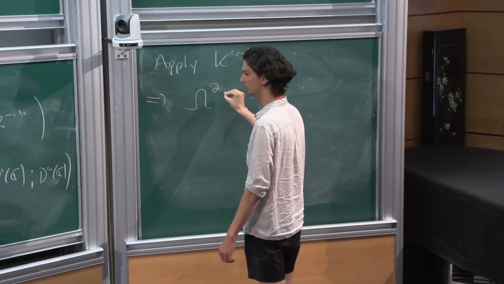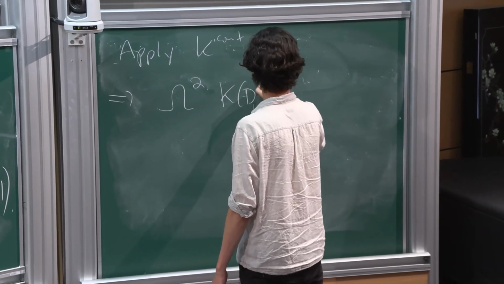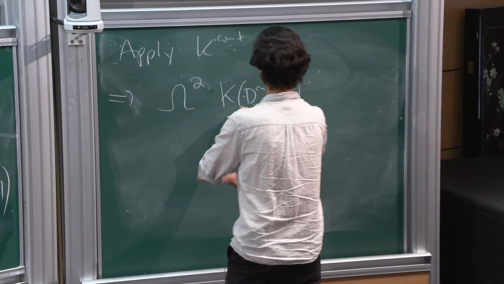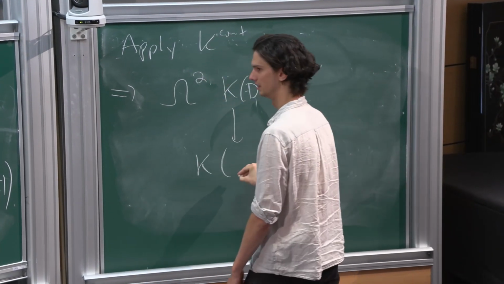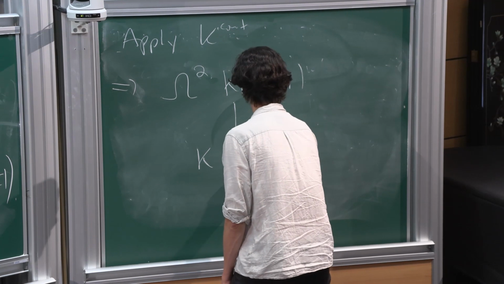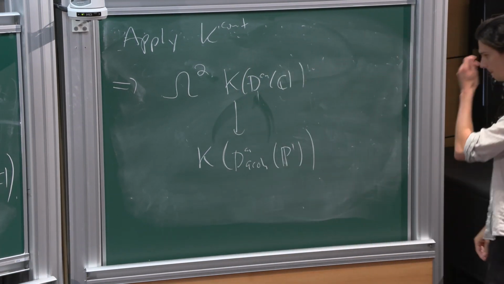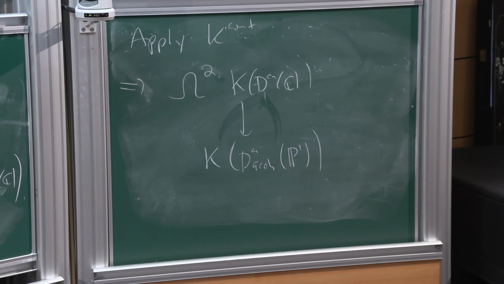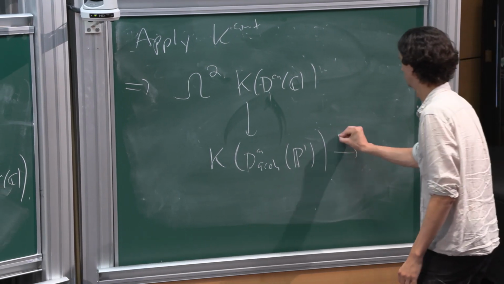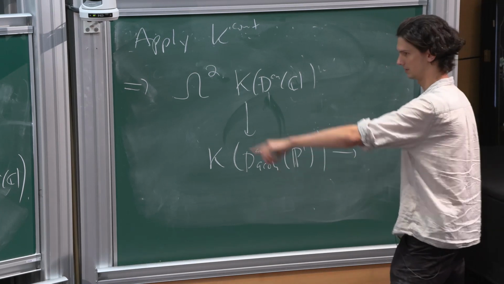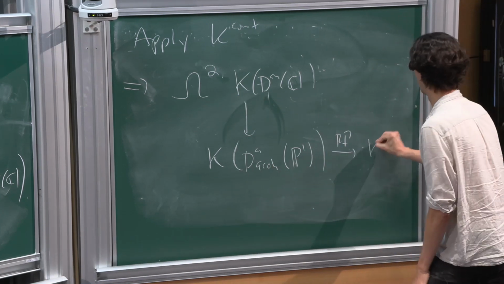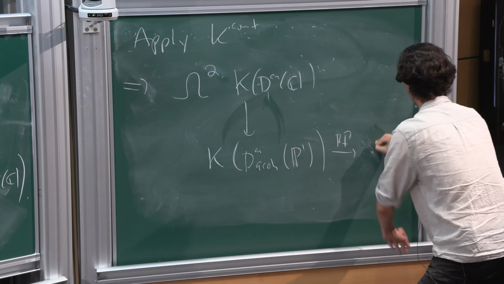So then you get a map from loops 2 of K-theory of D(C) to K-theory of this quasi-coherent analytic category of P1. But then you can just take R gamma, which is a functor back down to D(C) of a point, and that maps then to K-theory of D(C).